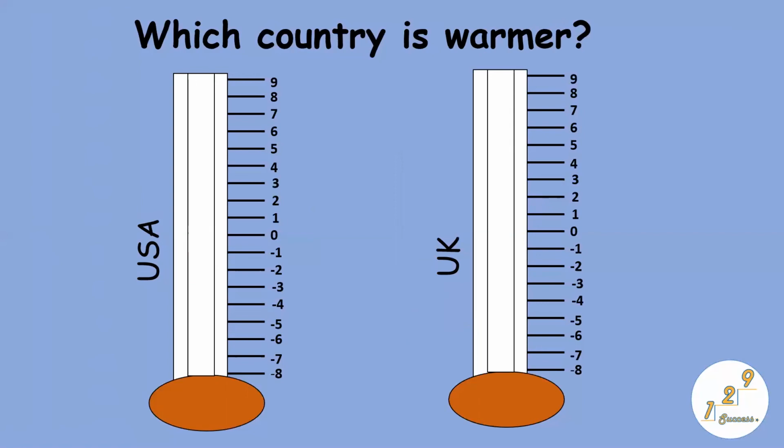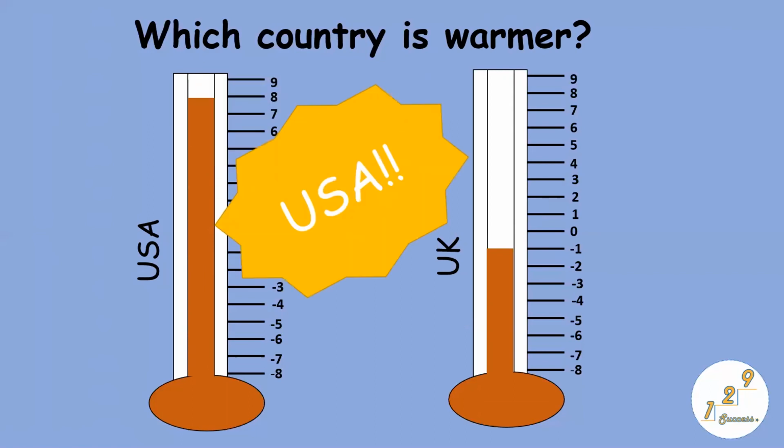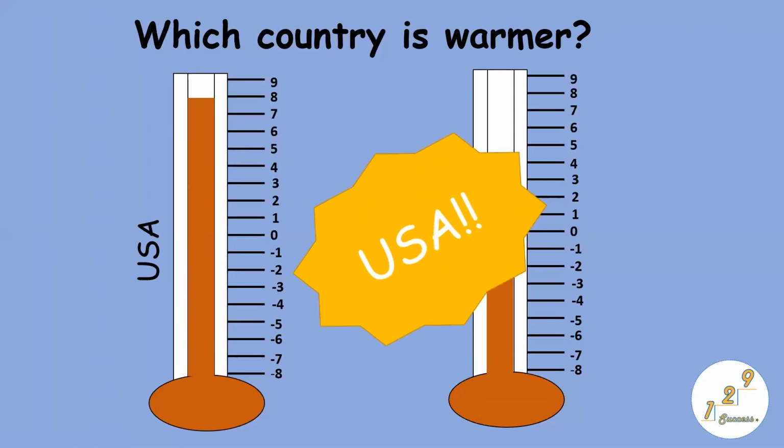Number 2, is the USA warmer or the UK? Press pause, write down your answer, then press play. Okay, so our answer is the USA, and this is because 8 is larger than our UK's temperature.